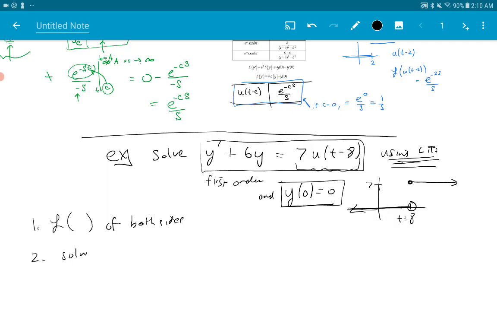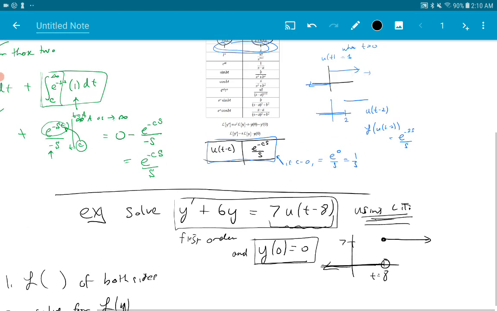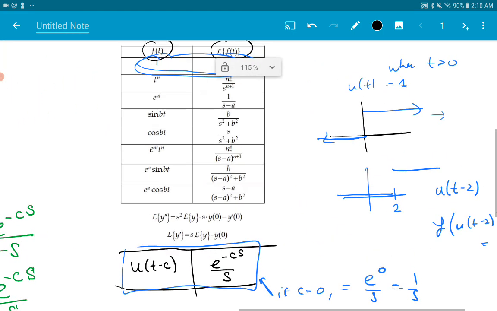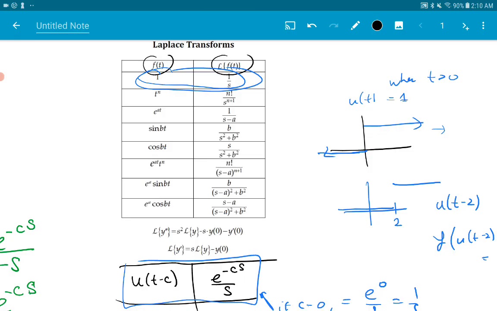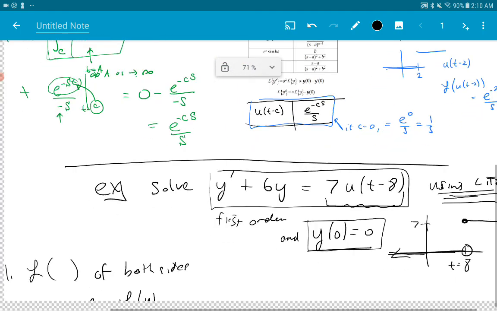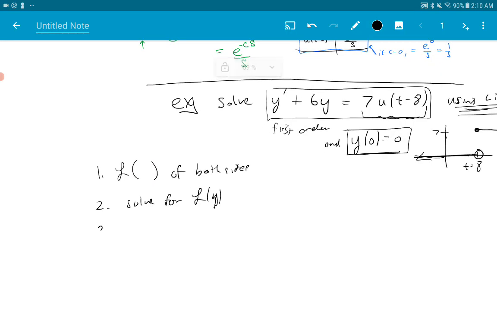Then solve for the Laplace transform of y, using these formulas and the properties of Laplace transforms. And the last step: undo the Laplace transform of y to get y. You do the Laplace transform in reverse.